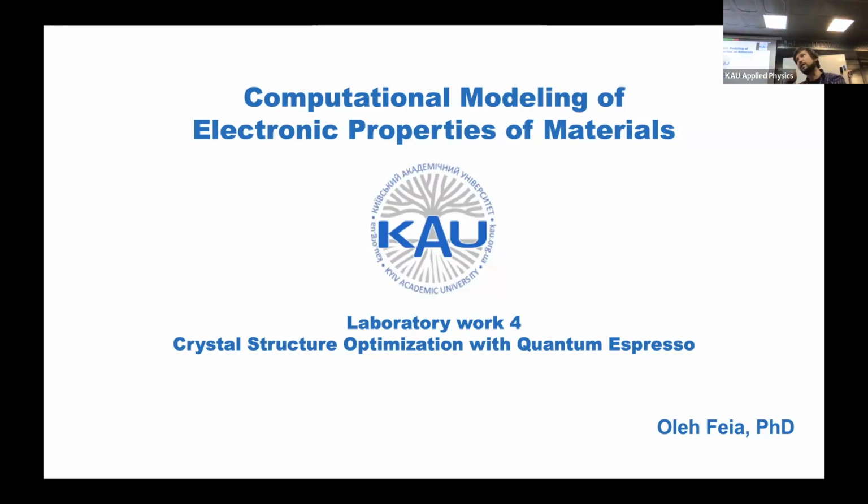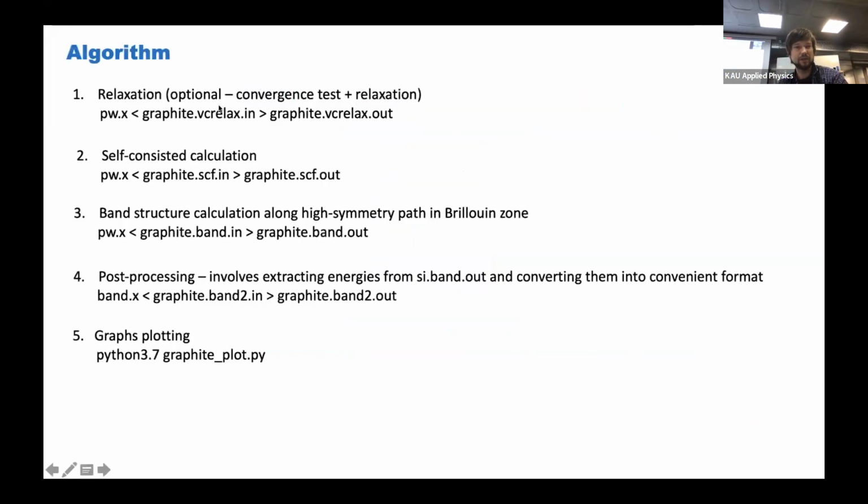The structure has this released stress. If we remove all these forces and this pressure, we'll get the structure with the lowest energy. I wrote the algorithm for how to do it, and I added this point, relaxation, to the algorithm from our last laboratory work.